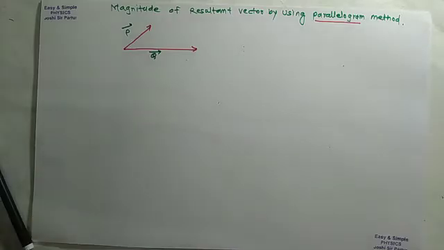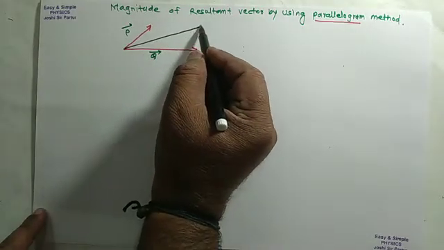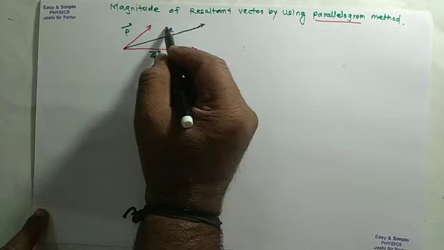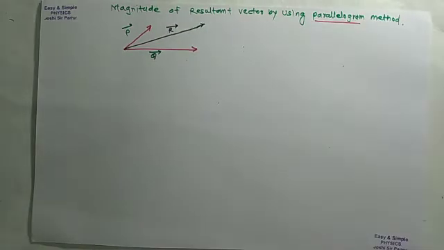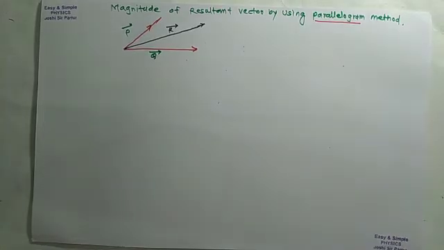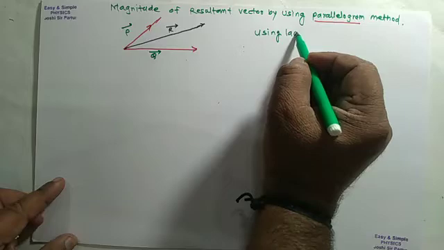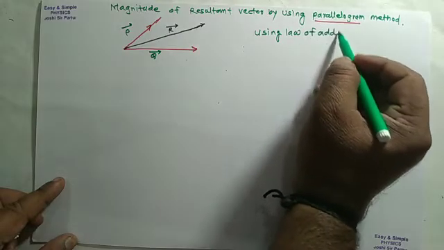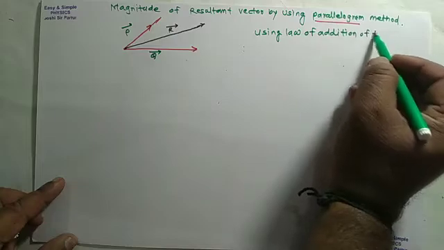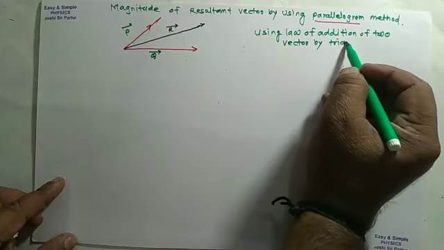So the third vector, vector R, is the resultant vector for vector P and vector Q. So we know the law of addition of two vectors by the triangular method.